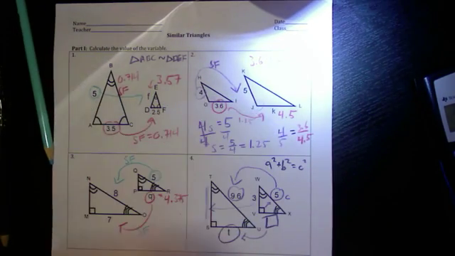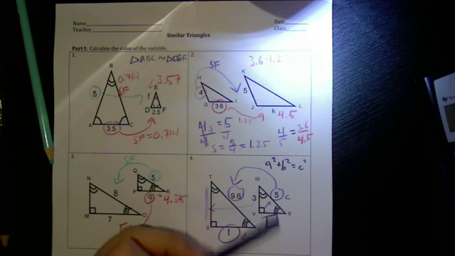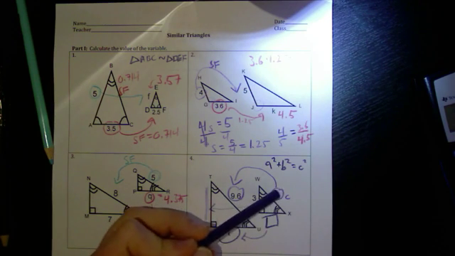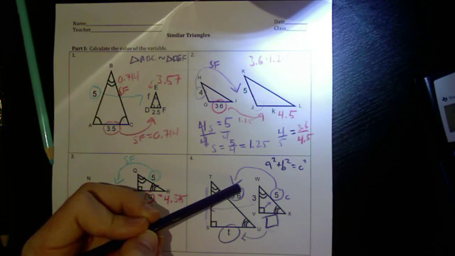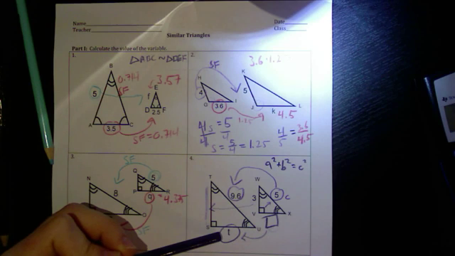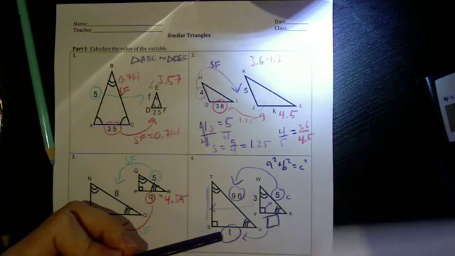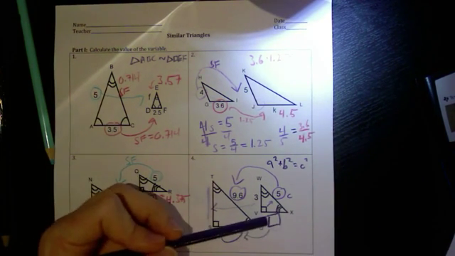So this is my C. And using that, I can say, hey, I've got 3 squared plus something squared equals 5 squared. That can get me this side, so I can find that scale factor. Then I can use that scale factor to multiply this and find T. It's a couple steps, but it's really nothing too out of this world or crazy. So let's start out by finding the side that we need to start with.